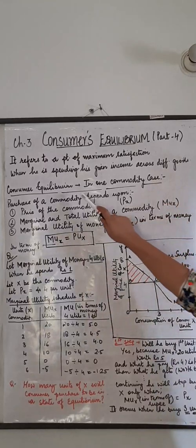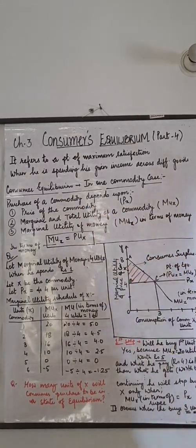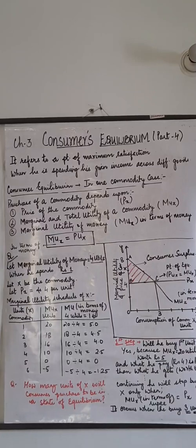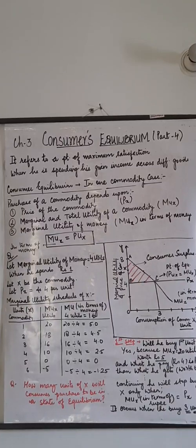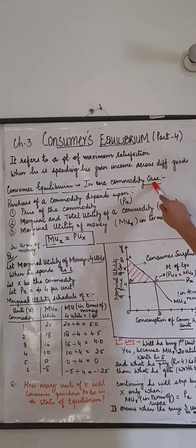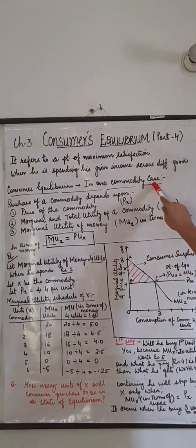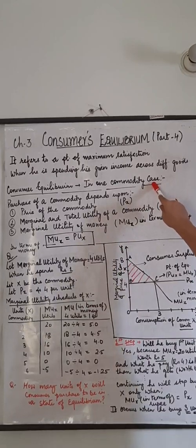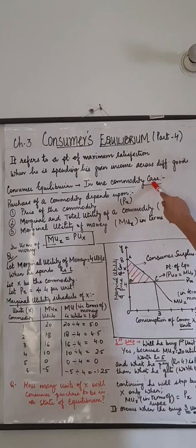Now, when we talk about consumer's equilibrium, students, it is related in your syllabus with 2 cases. The first case is the one commodity case: when we purchase one commodity, how equilibrium is reached at that point. After that we will study the 2 commodity case.